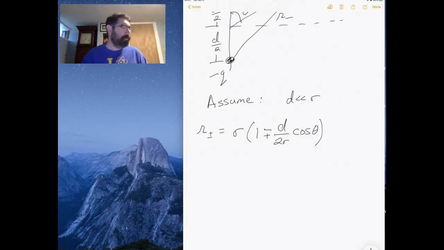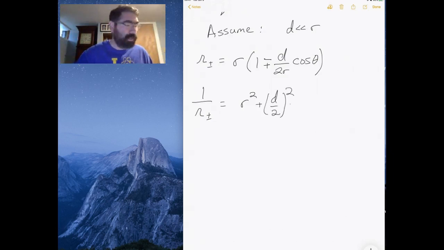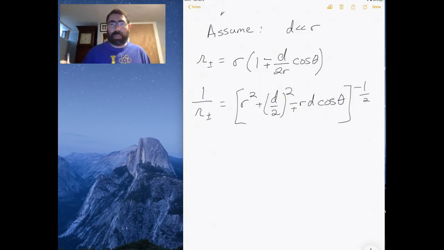However, what we want to expand actually is 1 over r plus or minus. So 1 over r plus or minus would really be r squared plus (d over 2) squared, minus plus r d cosine theta, to the minus 1/2 power.